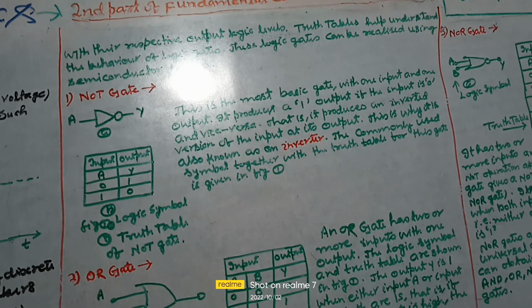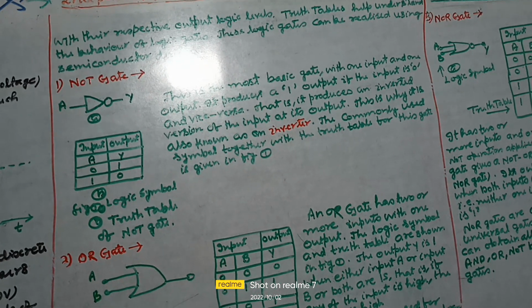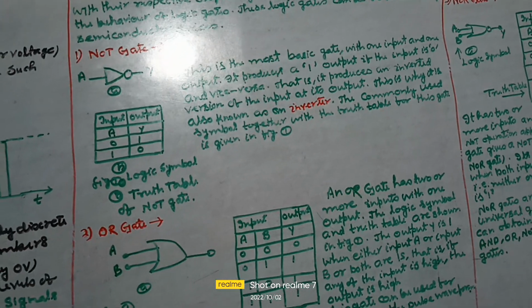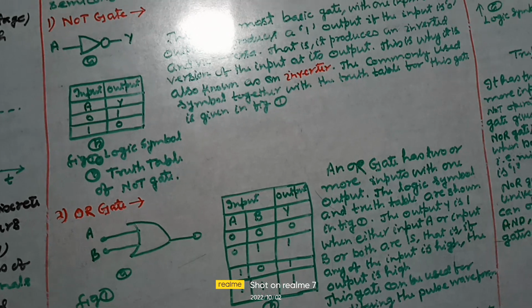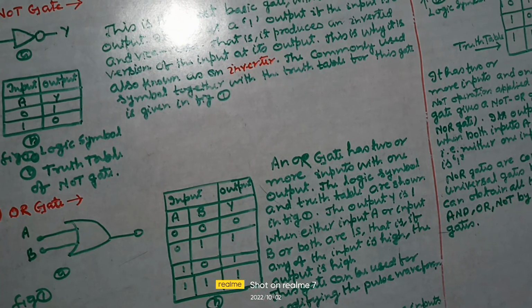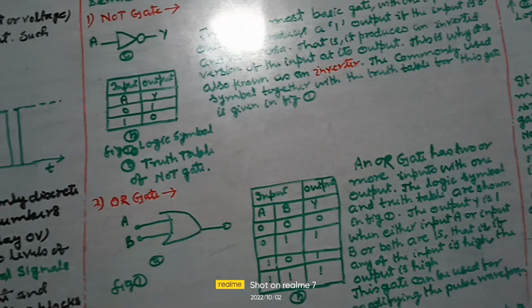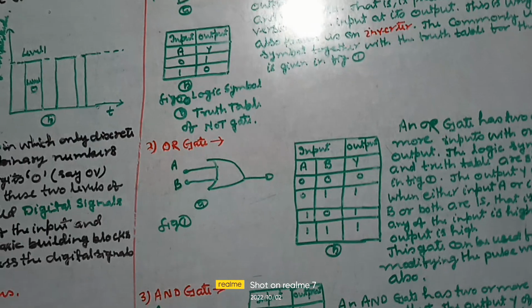It produces a 1 output if the input is 0 and vice versa. That is, it produces an inverted version of the input at its output. This is why it is also known as an inverter. The commonly used symbol together with the truth table for this gate is given in figure 1a.